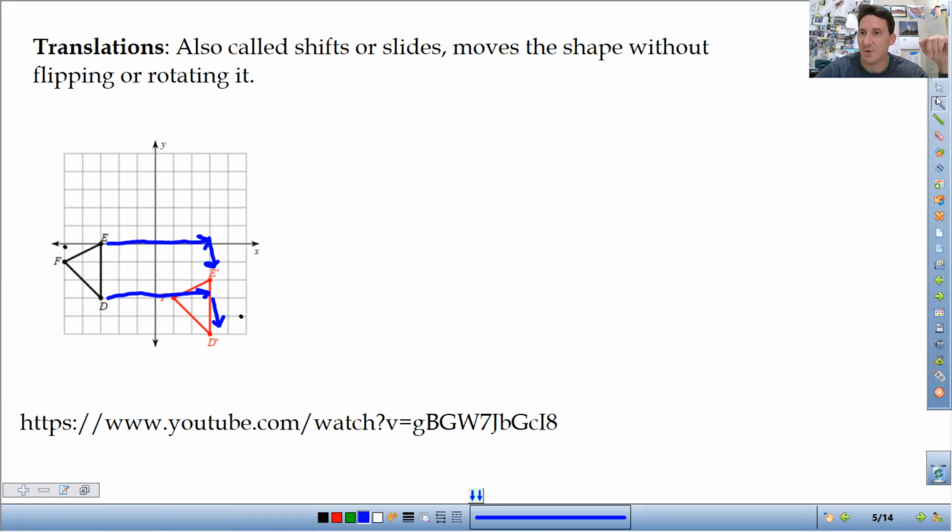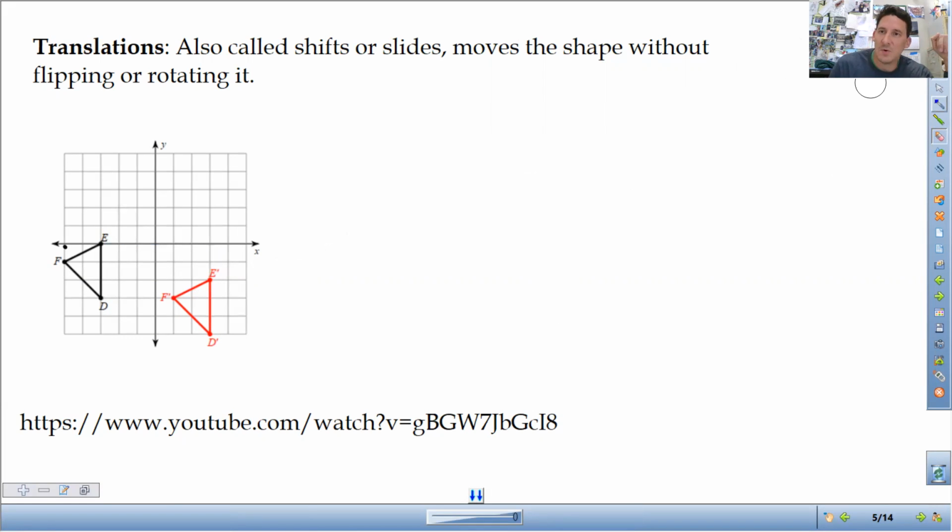The points each move the same distance. I'm actually going to clean this up so we can see. I'm going to do it like we would do the slope. So 1, 2, 3, 4, 5, 6, and then it goes down 2. And each point from the black triangle moves the same distance to the red triangle.